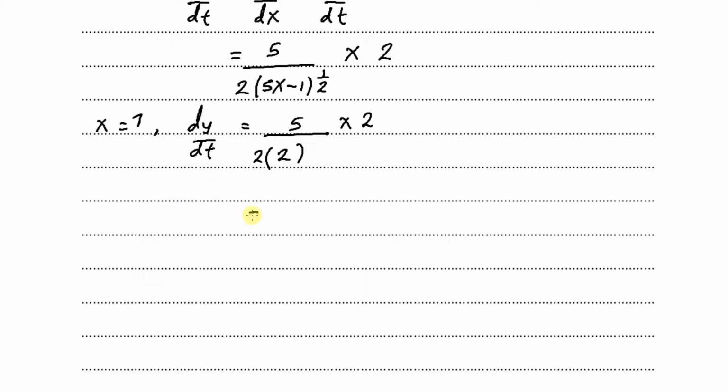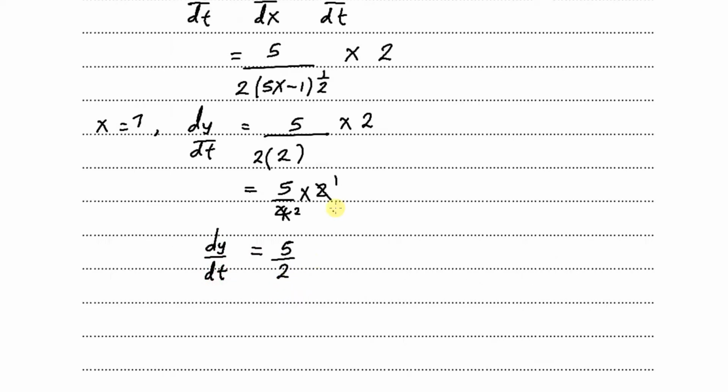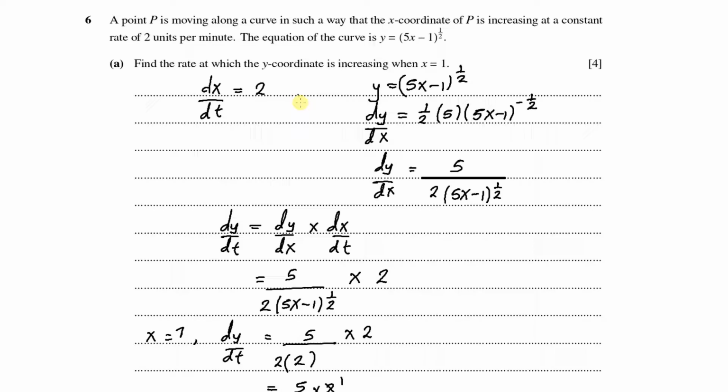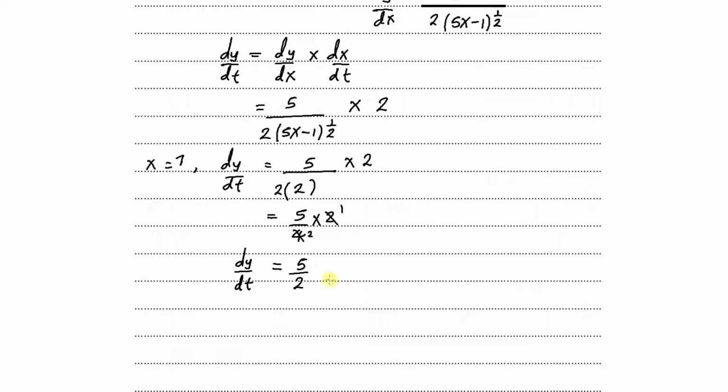So this can just simplify to 5 over 4 times 2, and dividing 2 into 4, we get the final result as 5 over 2. So dy by dt is equal to 5 over 2. And that's the answer right here. They wanted us to find the rate at which the y-coordinate is increasing. So that's 5 over 2 centimeters per second. That's the result here.